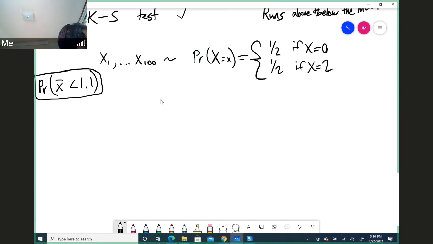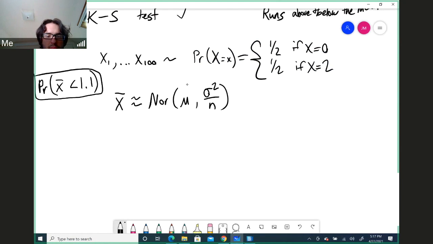Using the central limit theorem, we know that in this case, since we have these 100 variables, the sample mean as an approximation is distributed as a normal random variable with mean mu and variance sigma squared over n.